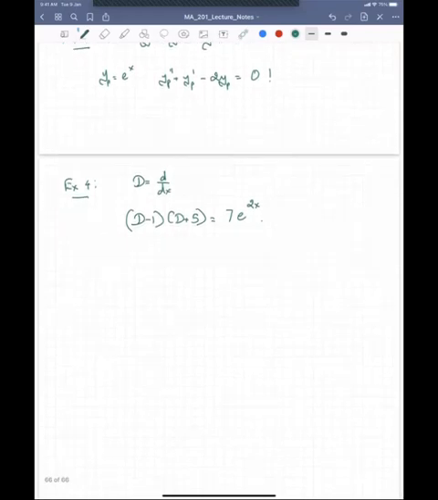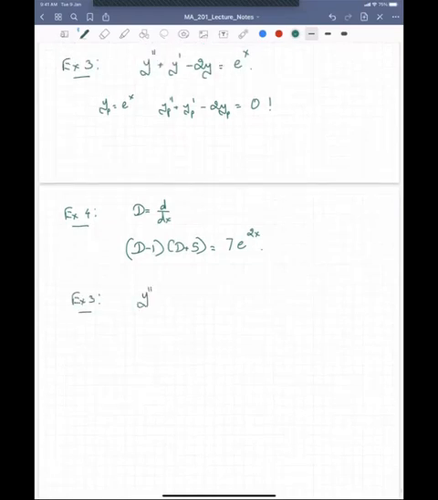Let us go back to example 3. Example 3 is y double prime plus y prime minus 2y equals e to the x. I want to solve this equation. So I can write this left-hand side as (D minus 1) times (D plus 2) y equals e to the x.